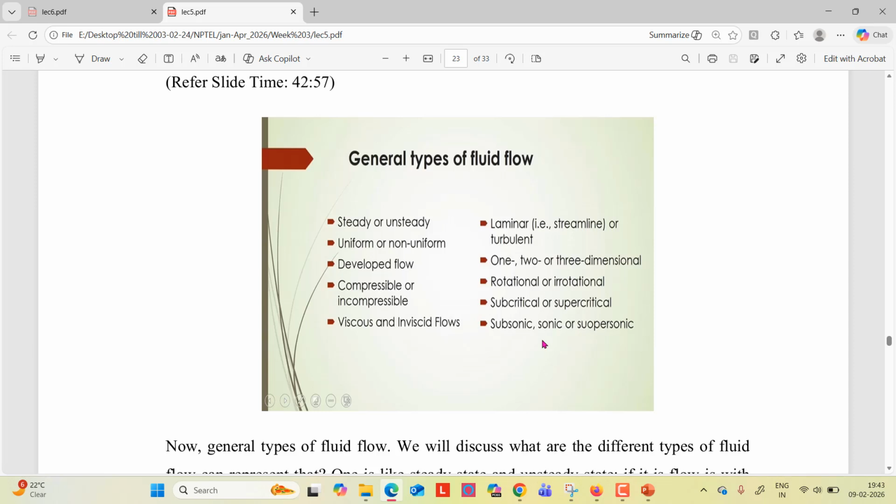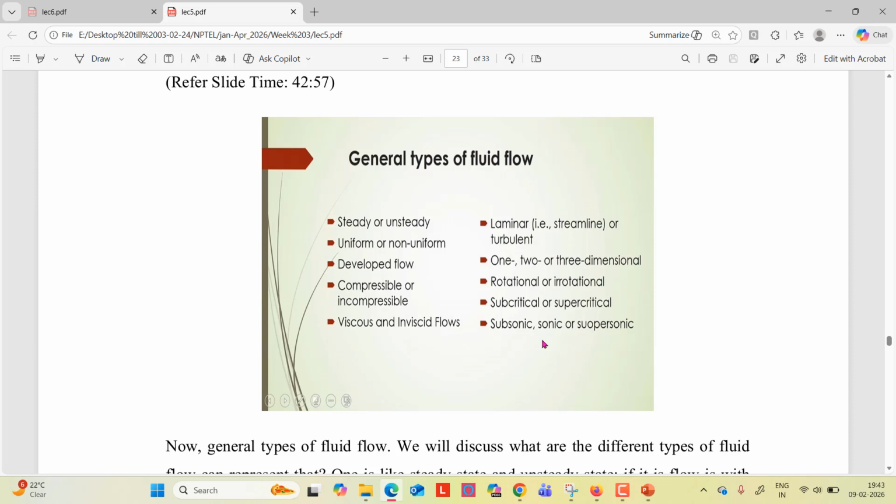There are layers of fluid moving side by side. They are not mixing up. And turbulent flow means there is a continuous, chaotic, random motion of the fluid velocity component. I have already discussed this in the earlier classes. There is a transition zone between the laminar and the turbulent flow. This is called the transitional flow.